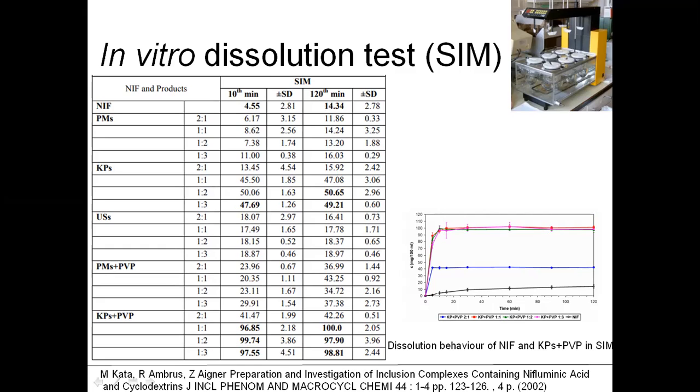At the higher pH, ternary samples gave favorable results. Some of the kneaded products together with the PVP dissolved totally, and in the first 10 minutes, a 20-fold solubility improvement was registered as compared with the pure niflumic acid.